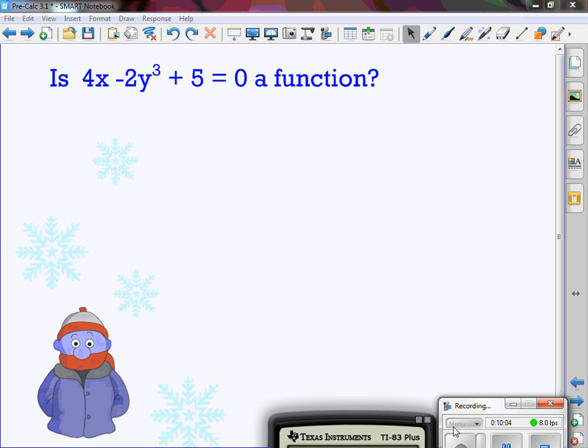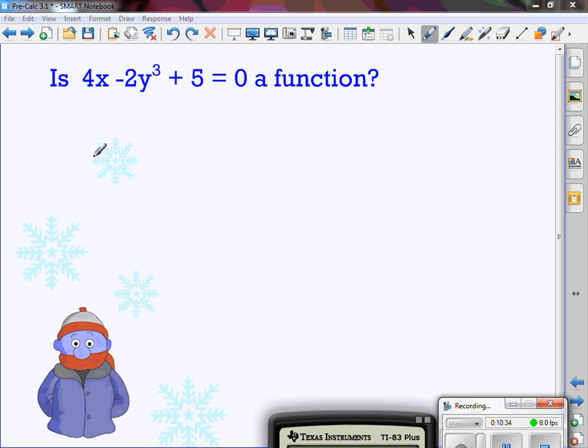If you're able to graph it, especially on the calculator, it is a function. The calculator will only graph functions. Before we start graphing, will the calculator graph it as is? Why not? The calculator has to be y equals, so you've got to rearrange.